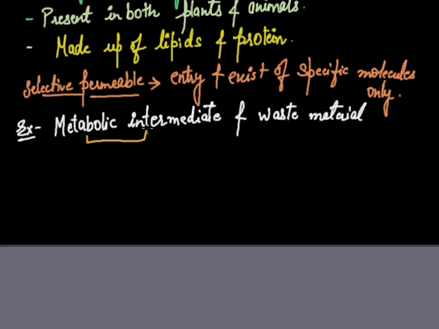Metabolic intermediate means when the cell metabolizes, in the pathway or the cycle, the intermediate substances can come inside as per requirement, and the waste material can move outside.